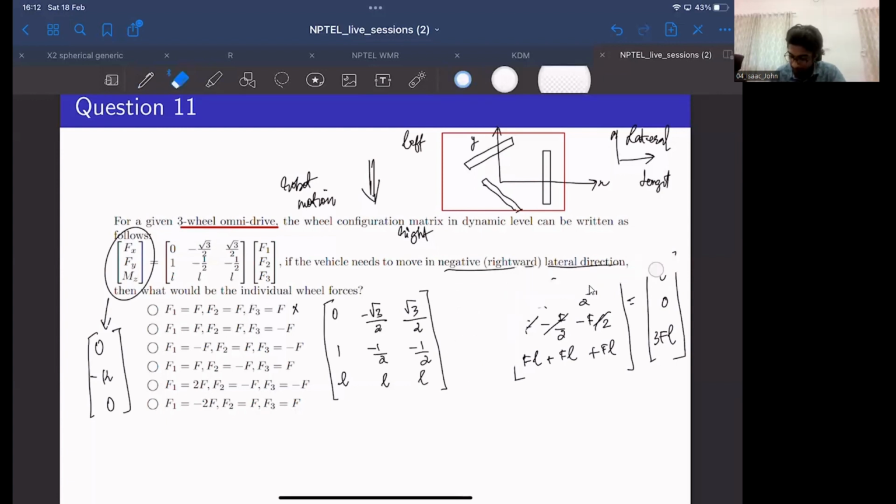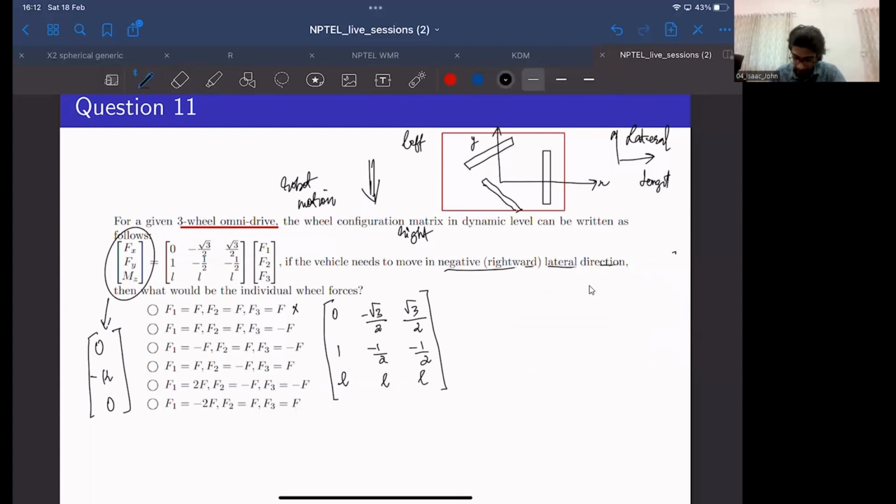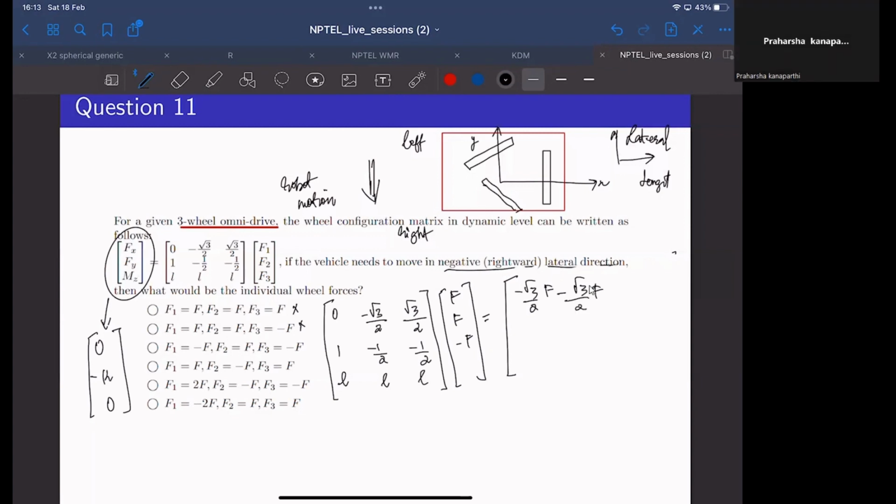And what would be the second option? The second option also says F, F, minus F. If we again multiply this throughout, this would be minus root 3 by 2 F minus root 3 by 2 F. Anything you wish to share?